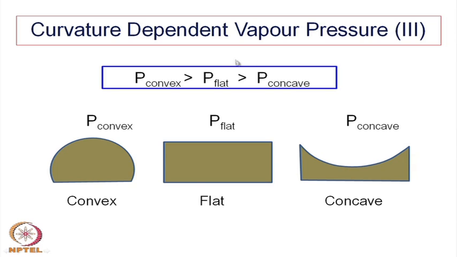Okay. So, the vapor pressure corresponding to the concave surface is still lower than this. So, this is highest, this is intermediate, and this is the lowest. Okay. So, that is the important conclusion to our findings of whatever mathematical analysis we have done so far.